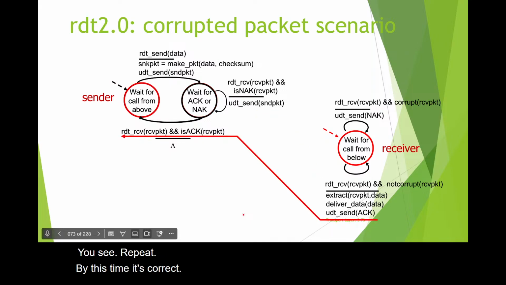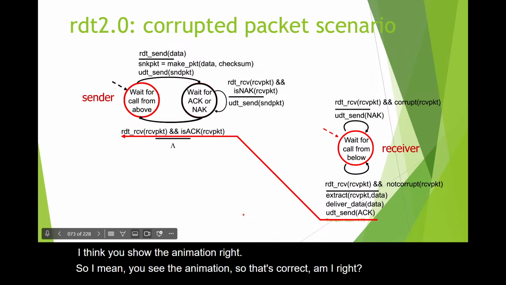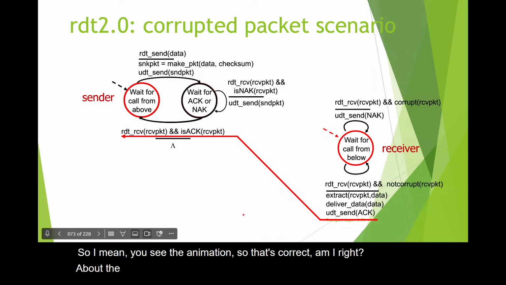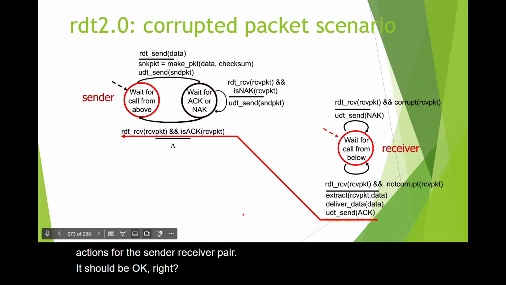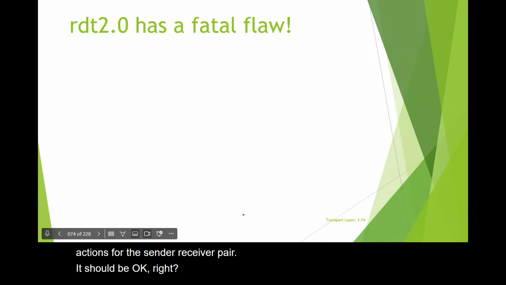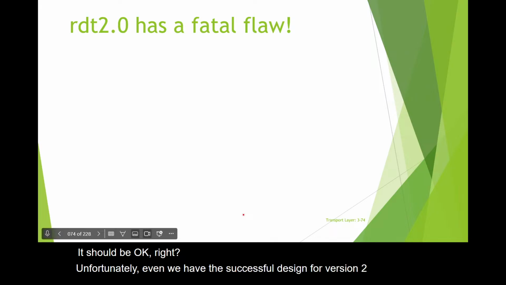Well, that's it about the finite state machine. I think you see the animation, right? So that's correct, am I right? Well, about the current scenario, sender, receiver, and so that we have the possible actions for the sender-receiver pair. It should be okay, right? Well, unfortunately, even we have the successful design for version 2.0, but we have this issue.